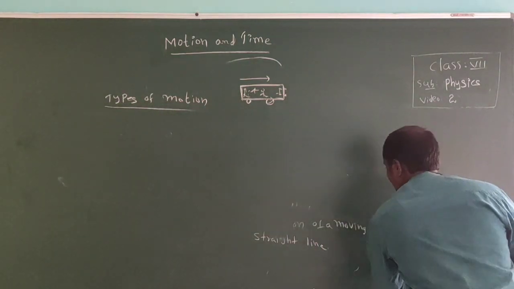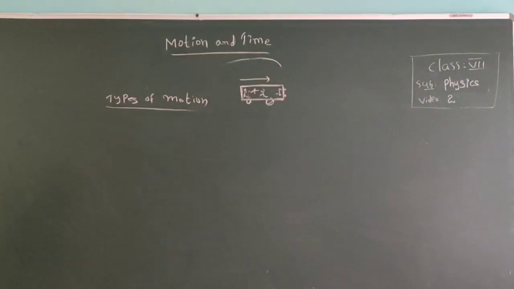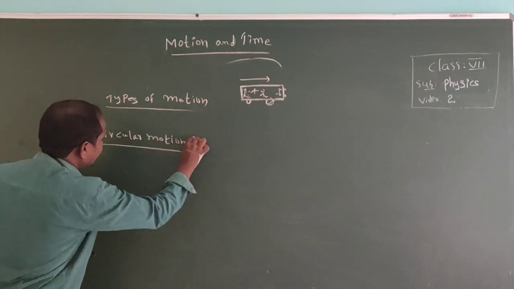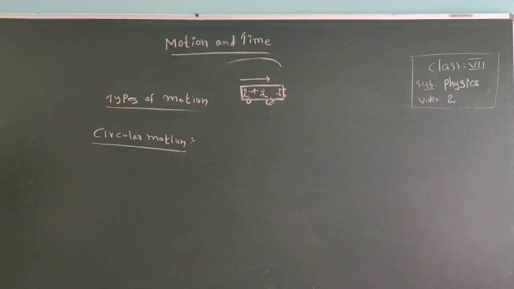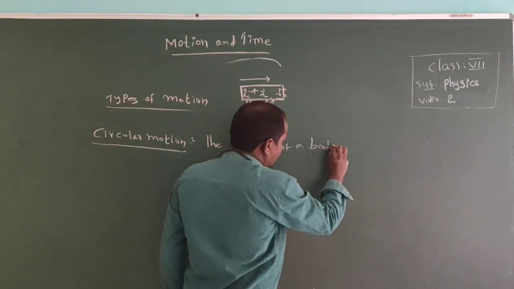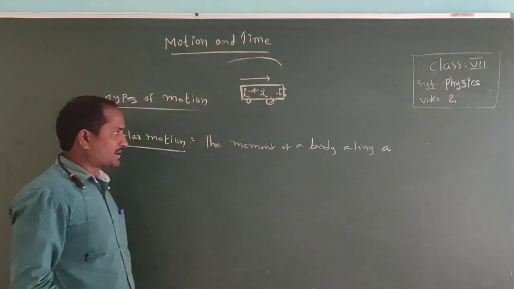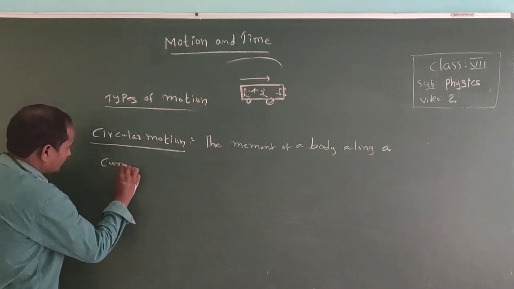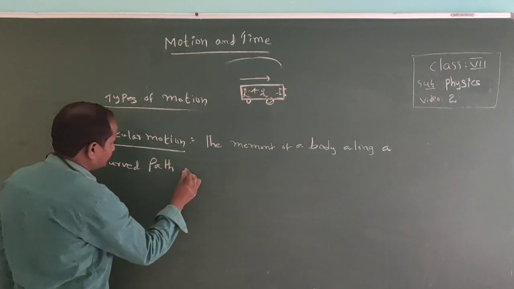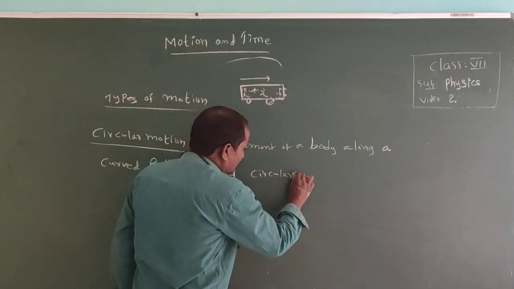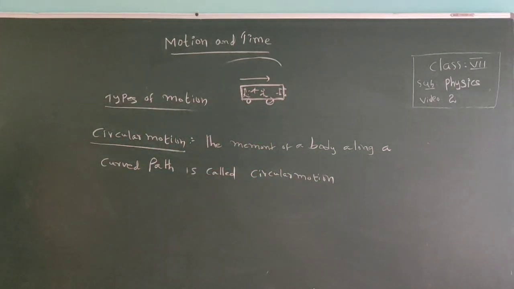The movement of a body along a curved path is called a circular motion.